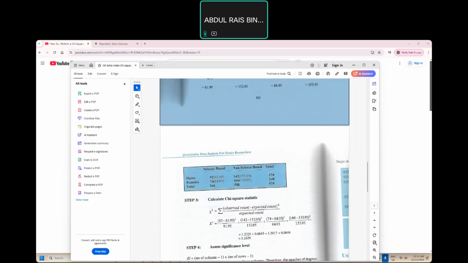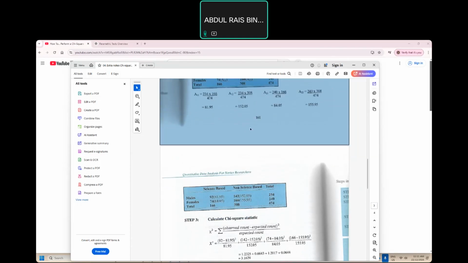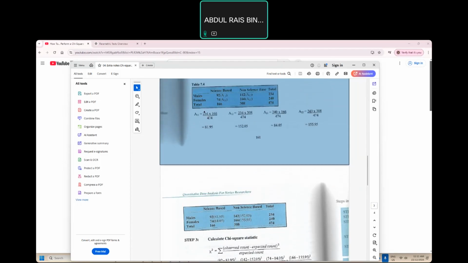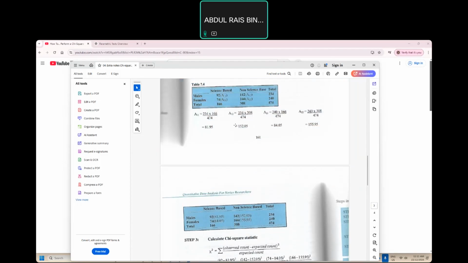Alright. So four types of respondents. Male yang ambil science base, yang ambil non-science, female yang ambil science, and female who do not take science field. So we put in the observed values, 92, 142, 74, and 166 minus each of the expected count.